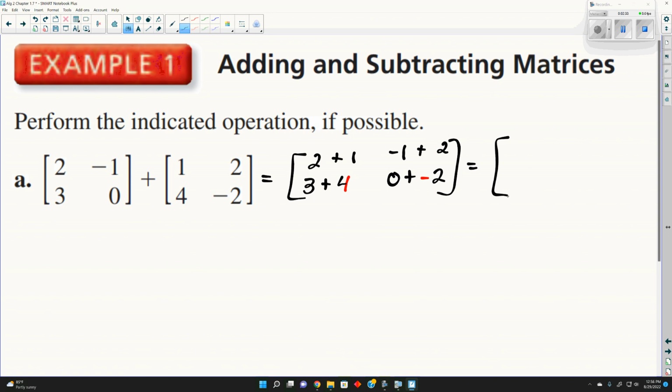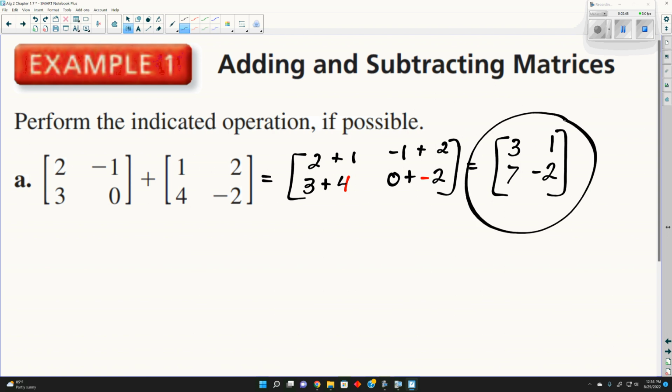Now we just need to simplify. 2 plus 1 is? -1 plus 2 is 1. 3 plus 4 is? And 0 plus -2. And that's it. That's all we have to do on this here. Any questions on this here? Are we ready for the next one?